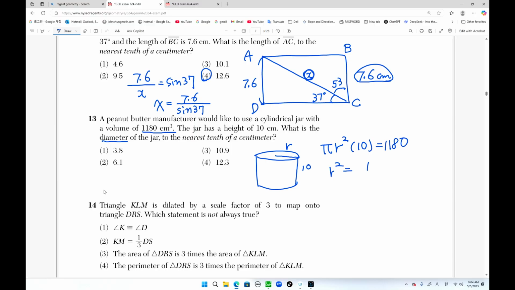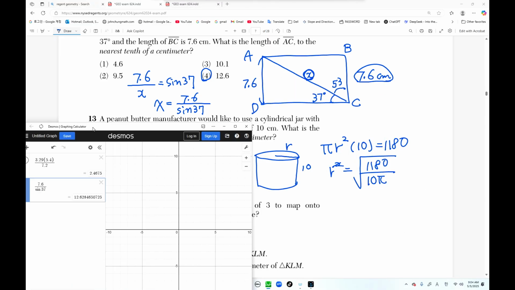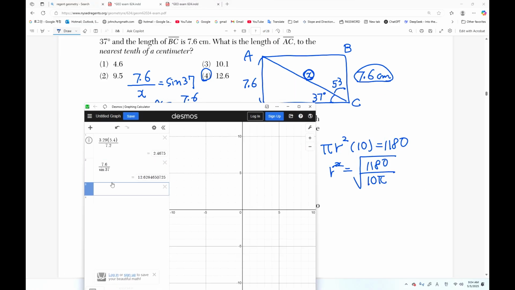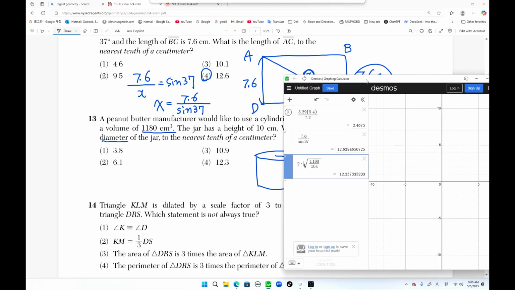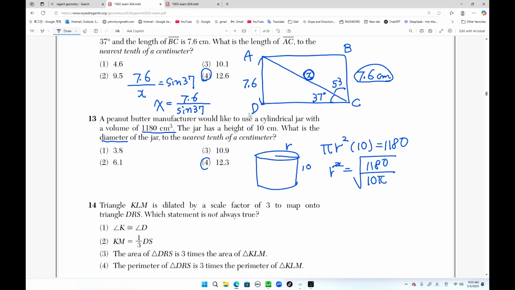R squared equals 1180 over 10 pi, right? So r equals the square root of 1180 over 10 pi. Okay, 6.2, but the diameter is twice, 2 times, so 12.257. 12.3 is the answer.